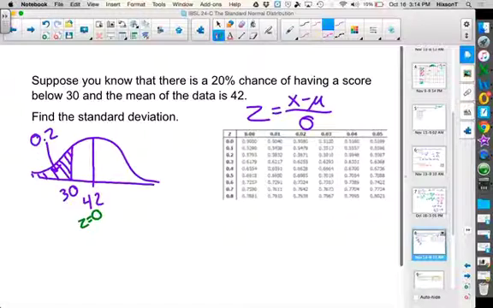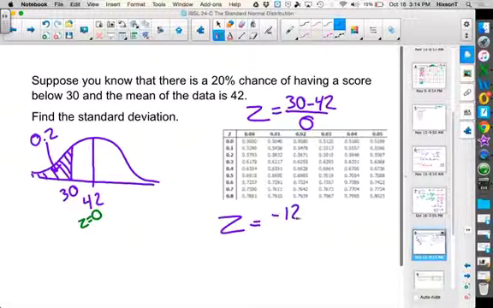That's our mean. So to the left would be in the negatives. And actually, if we look at our formula, X minus mu is 30 minus 42, okay? So we know that Z is going to equal negative 12 over sigma, okay?